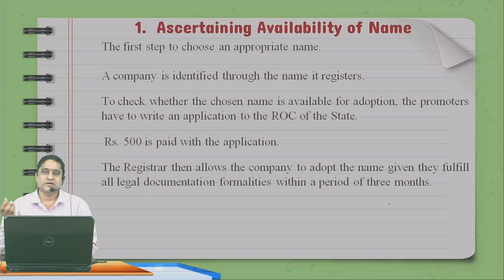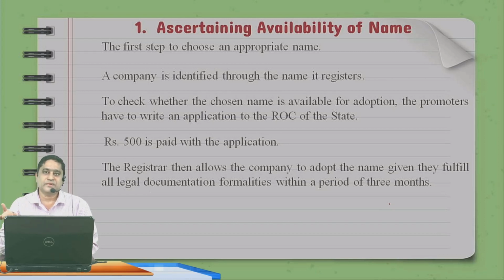They have to fill up the form called RUN, that is, Reserve Unique Name. Based on these 6 names which the promoters have applied for, the ROC will check whether a particular name has been taken by some other competitor or whether it is available or not. Then the registrar allows the company to adopt the name, given that they will fulfill all the legal document formalities within the period of 3 months.